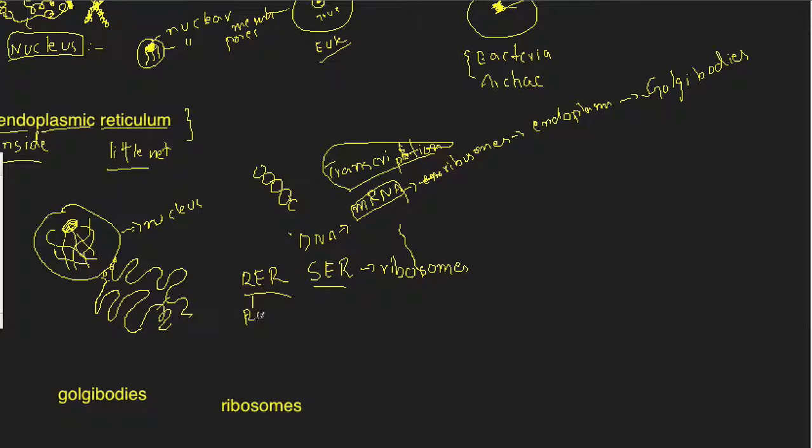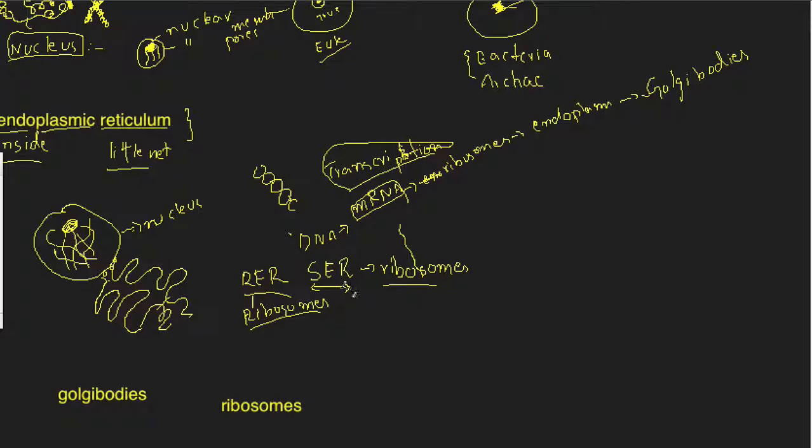Now, aside from providing a way for the mRNA to travel along and go to the Golgi bodies, the smooth endoplasmic reticulum has different kinds of functions.